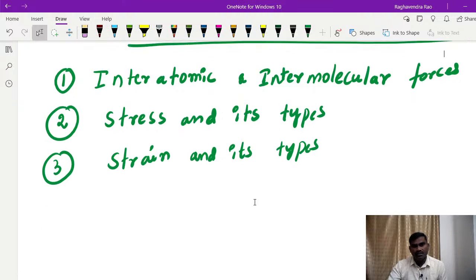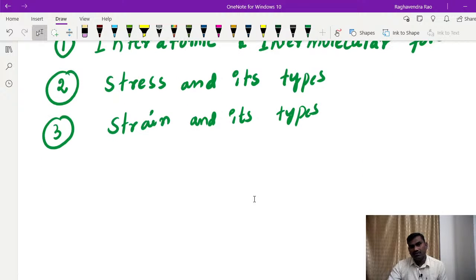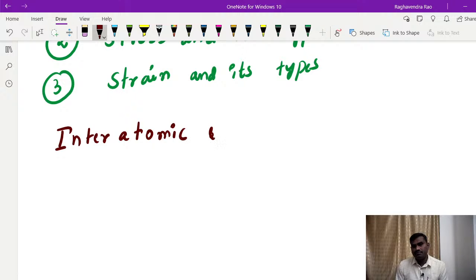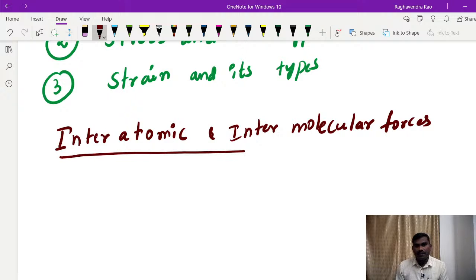We need to discuss all the topics related to this chapter. Right, now we will discuss interatomic and intermolecular forces.